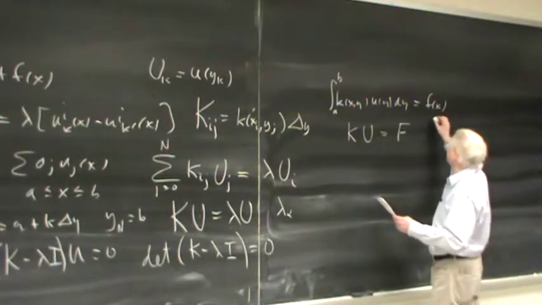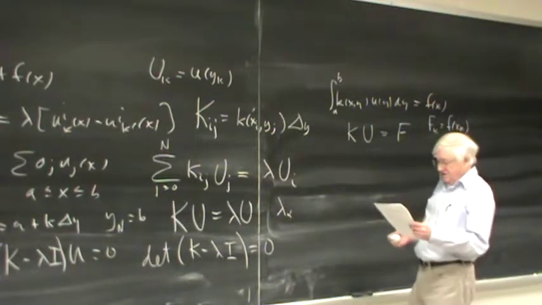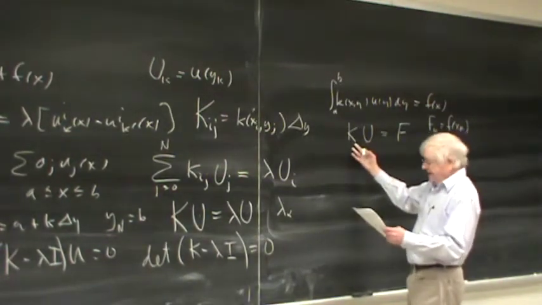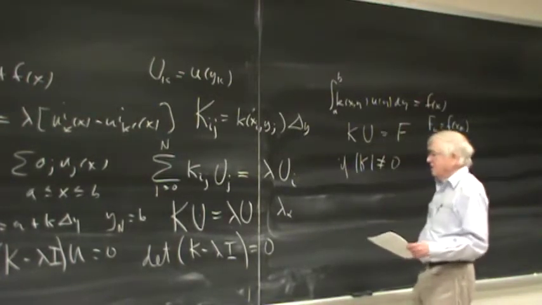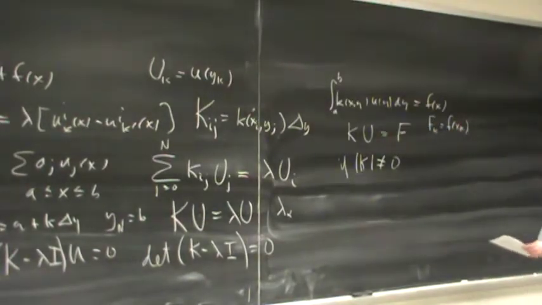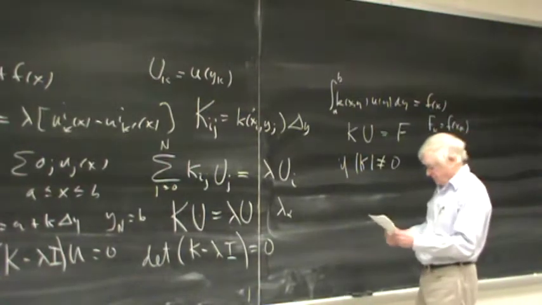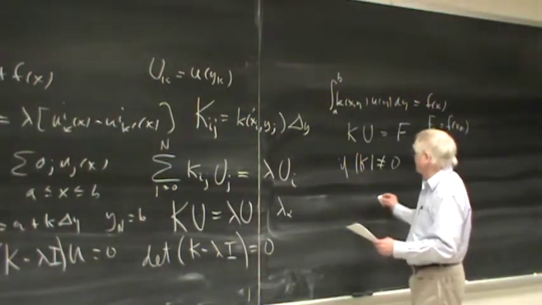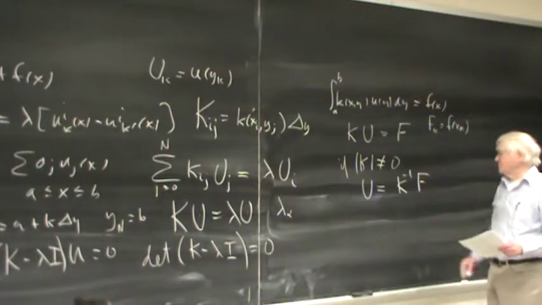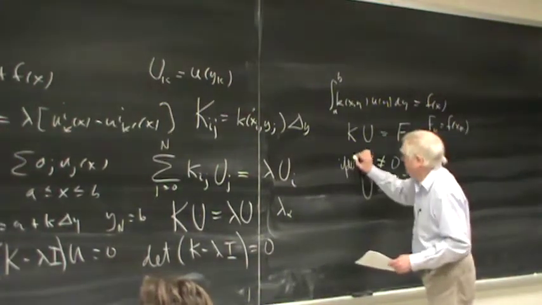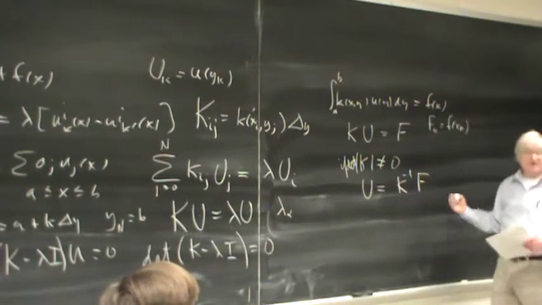In other words, f sub k is equal to f of xk. And if the determinant of K is not equal to 0, which is to say if it doesn't have any zero eigenvalues, or if the analogous equation didn't have any zero eigenvalues, then you write u is equal to K inverse F, because the determinant is non-zero. Then K has an inverse, and you write your solution as K inverse F.